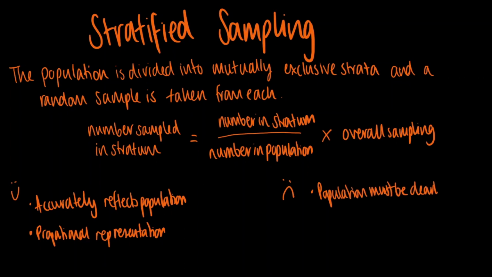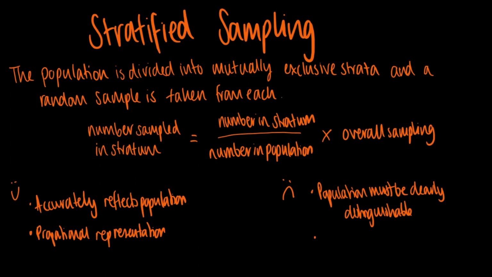However, there may be something that's not so clearly distinguishable, like chocolate bars if they're out of their wrappers. And of course, once you've split it into mutually exclusive strata, a random sample is taken from each.